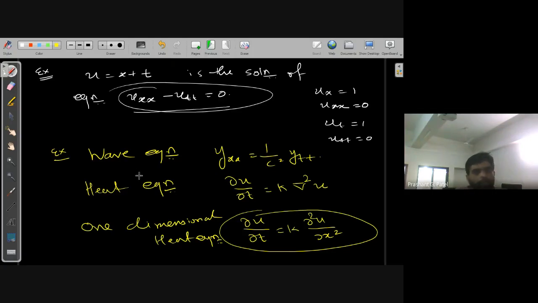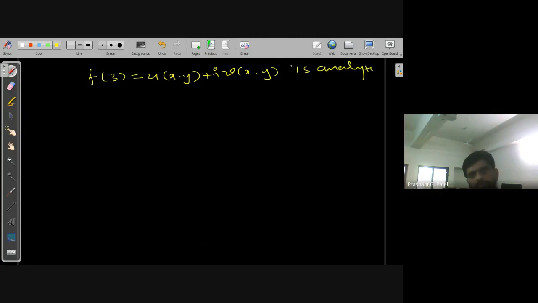And the third type of equation, or I can say an example, will appear in your complex analysis course, where you have probably studied that f of z is equal to u of x,y plus i v of x,y, an analytic function of z.